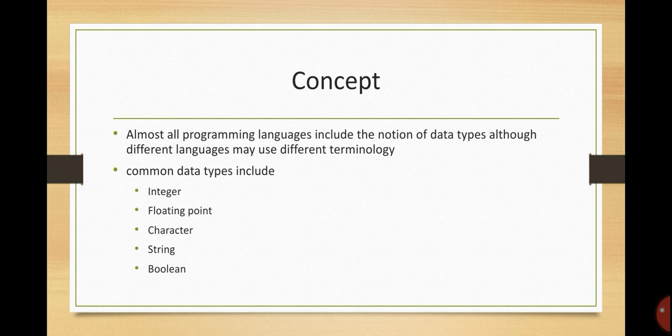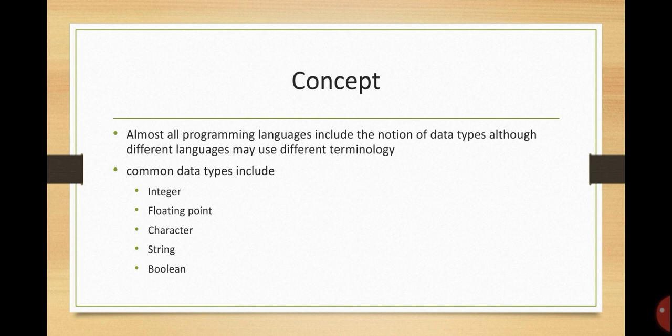Almost all programming languages explicitly include the notion of data type, although different languages may use different terminologies. The common data types used with almost all programming languages include integers, floating points, characters, strings, and even boolean.